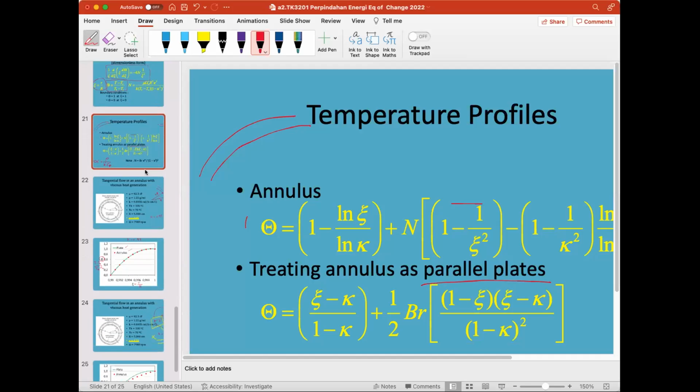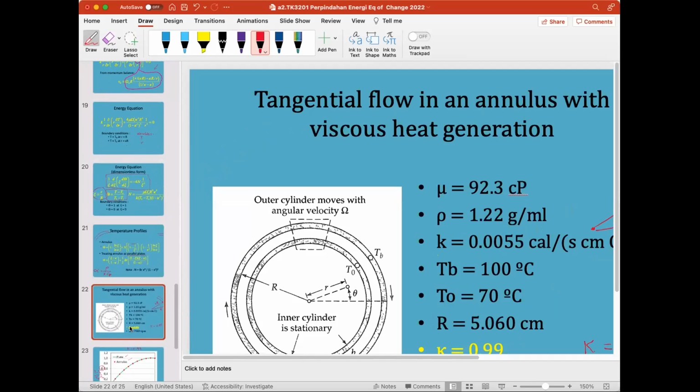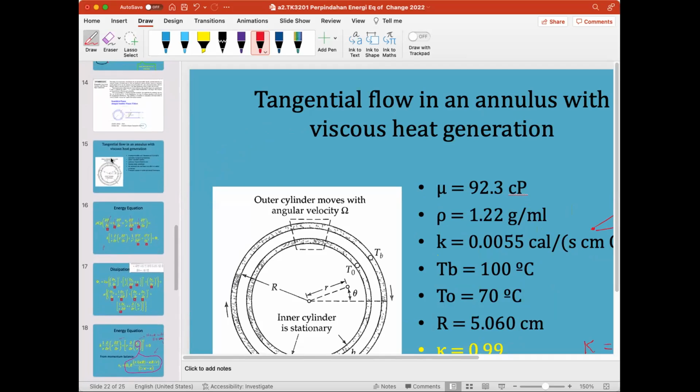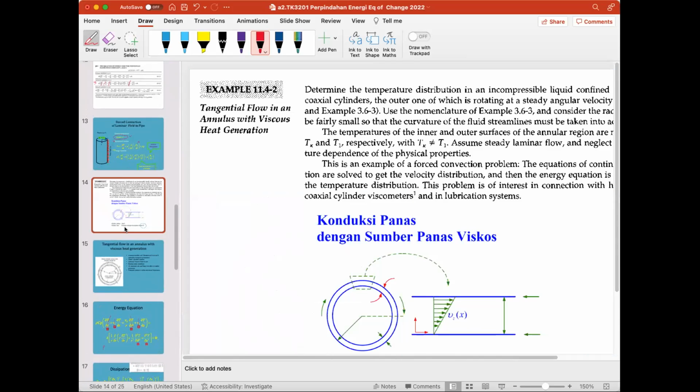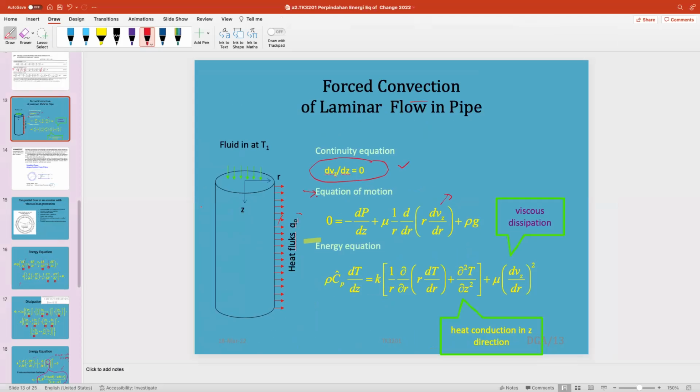Okay, so back to here, I just gave an example for the tangential flow, and also for this one, the first, laminar convection in laminar flows. All right, if you have any questions, you can ask while I'm checking.